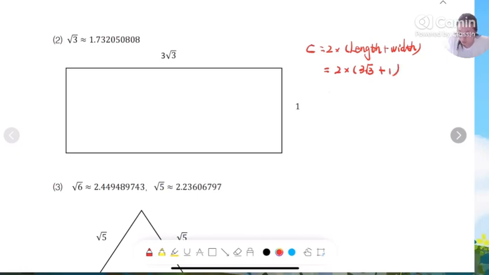Since the square root of 3 is approximately 1.732, it's equal to 12.392. The result, retaining 2 decimal places, is 12.39.